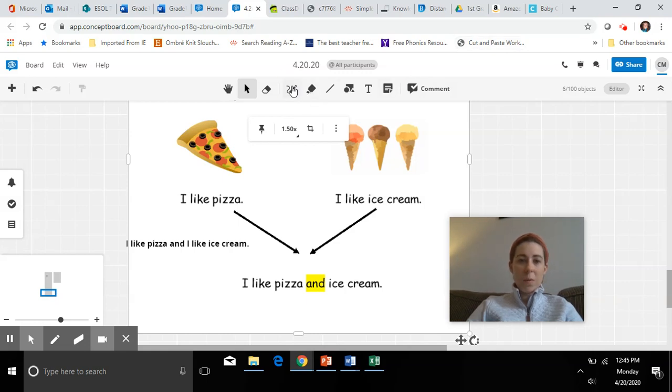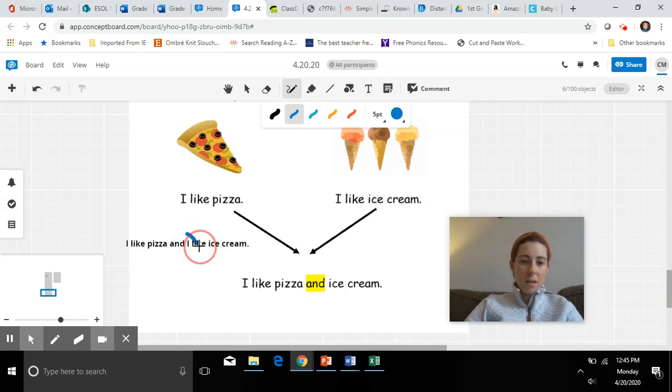We don't need to write that like 2 times. So instead, I cross out, I like. Don't write that. We say, I like pizza and ice cream. Okay? Just like I've written it down here.